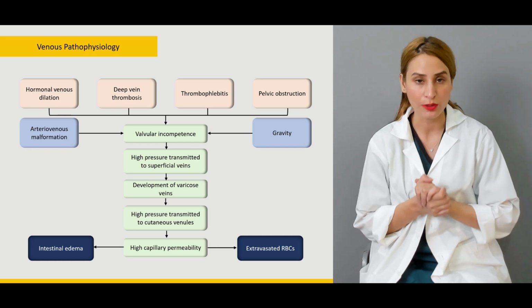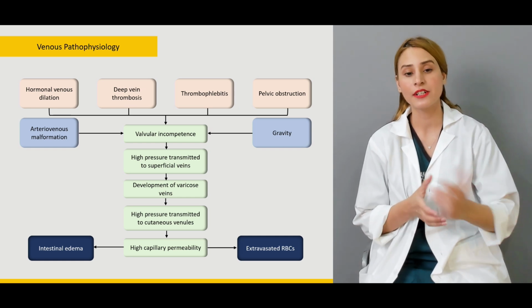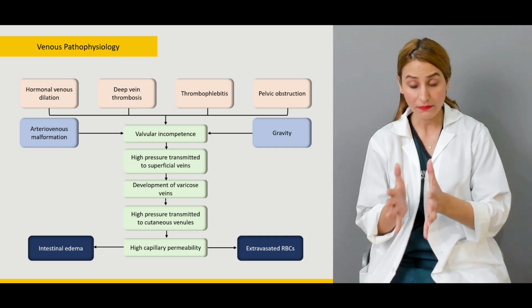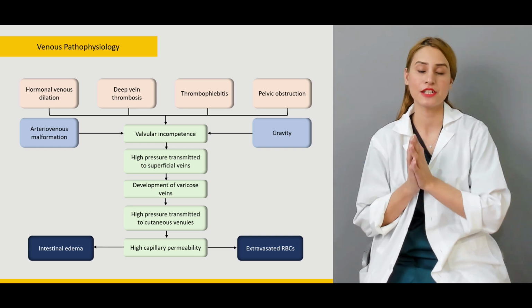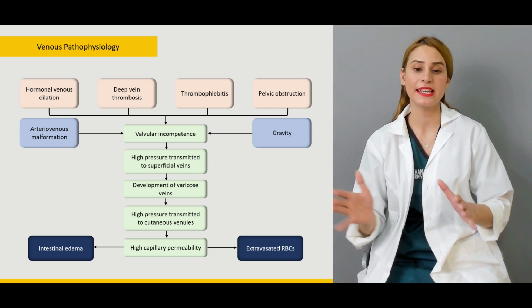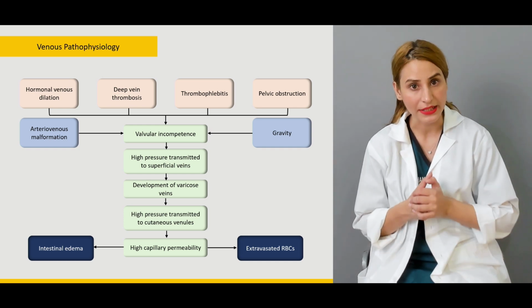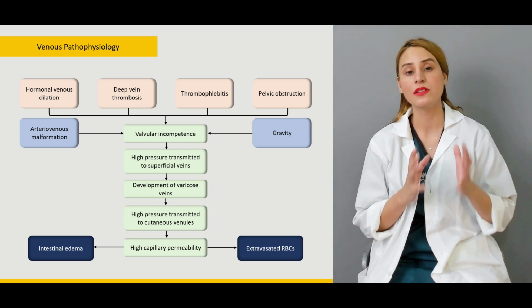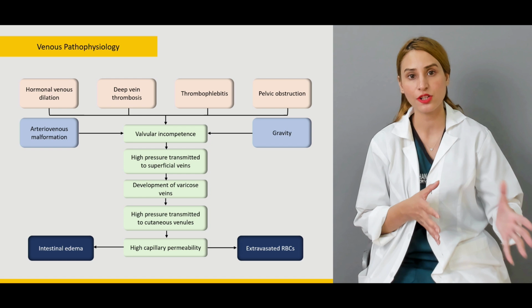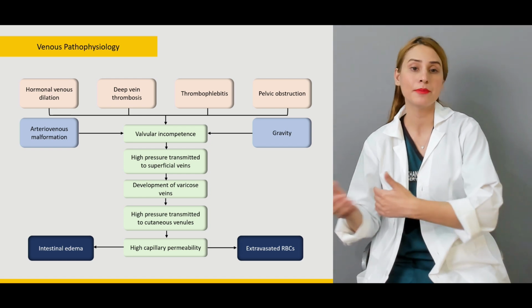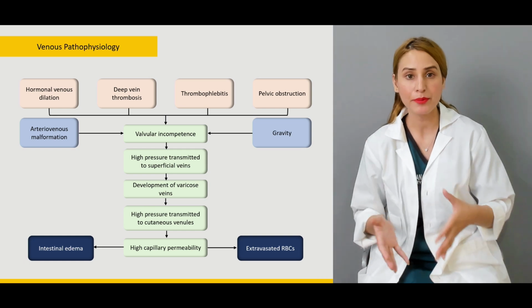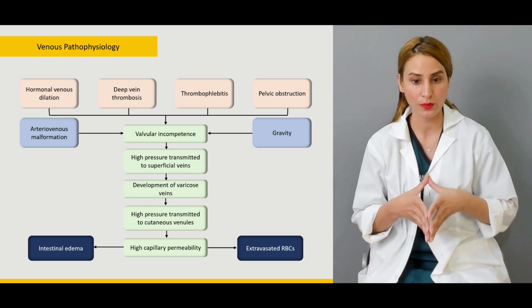Whenever there is hormonal venous dilatation, DVT, which is deep vein thrombosis, thrombophlebitis, or pelvic obstruction, all these things will lead to valvular incompetence. Whenever there is valvular incompetence, the blood will not be able to flow from superficial veins to the deep veins, and there would be backward flow of the blood from deep to superficial, and the high pressure would be transmitted to the superficial veins.